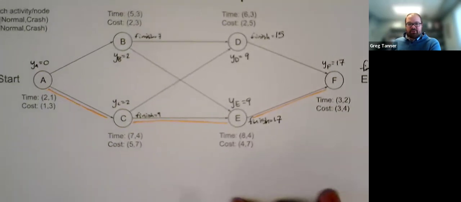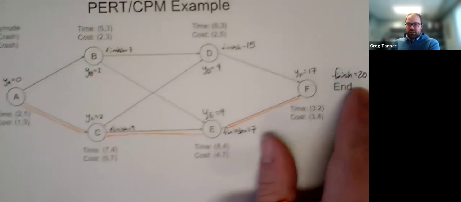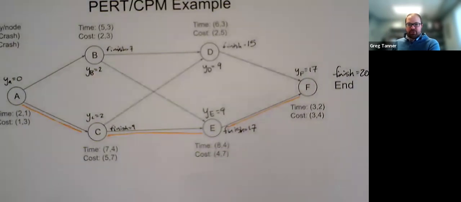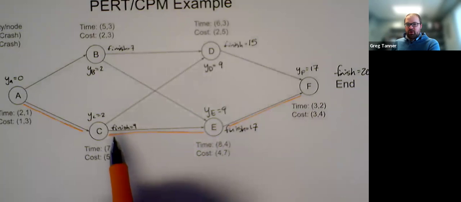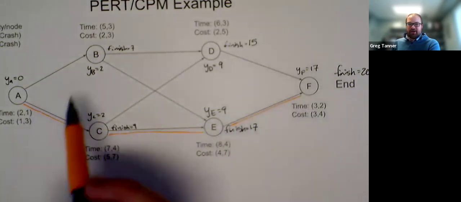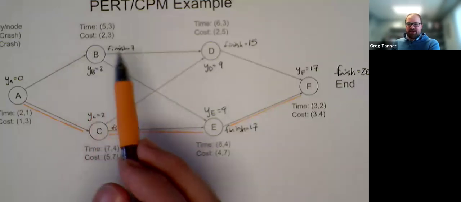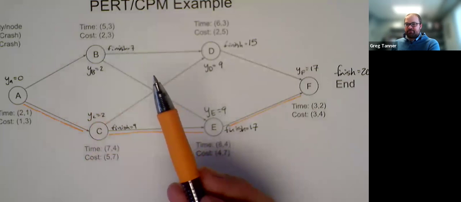Okay, and why is the critical path important? Because if we want to spend money to reduce the total time of the project from 20 down to something lower than 20, we only want to spend money on activities that are along the critical path. We have no incentive to speed up B because B gets done before we even need it to be done.